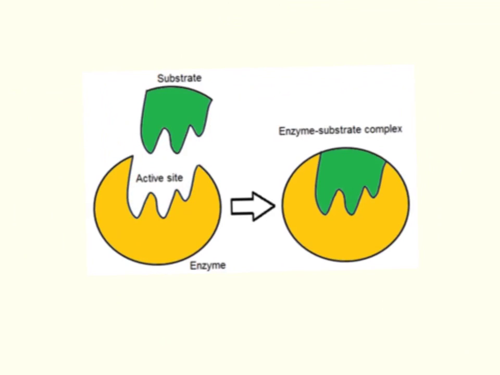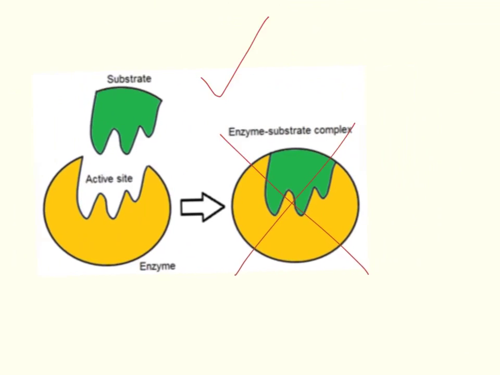Now, what do we call that? We call it complementary shapes. If the substrate is complementary to the active site, they will form the enzyme substrate complex and the reaction will occur. If the substrate is not complementary to the active site, it will not be able to form the enzyme substrate complex and the reaction will not be able to occur.